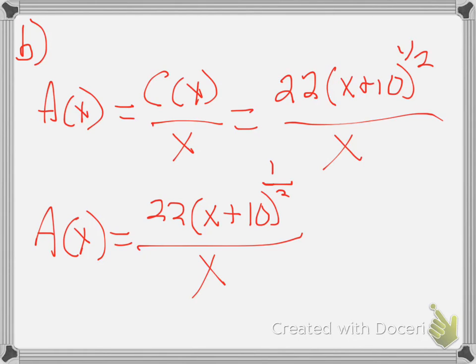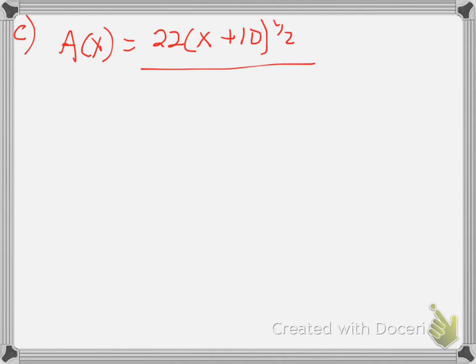Now, part C asks the question, is the average cost per unit increasing or decreasing when x equals 90? Whenever they're asking if something is increasing or decreasing, you should be thinking, I have to take a derivative. And they're talking about average cost. So average cost is 22 times x plus 10 raised to the 1/2 power over x.